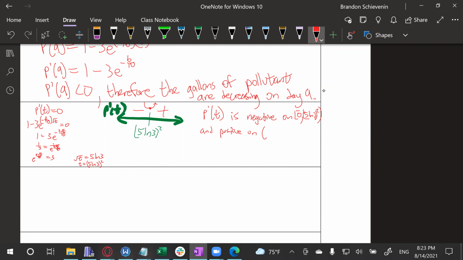Positive on 5 ln 3 squared to infinity. Therefore, P is at a minimum when T is 5 ln 3 squared.